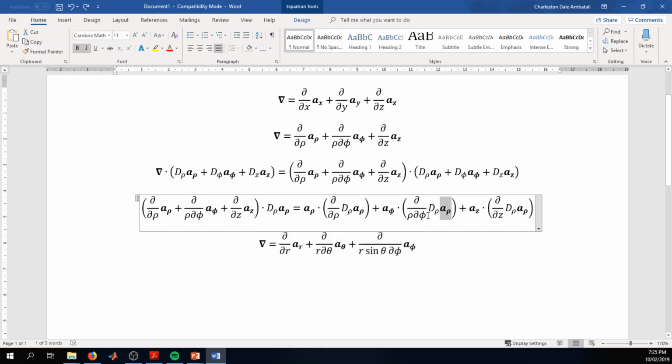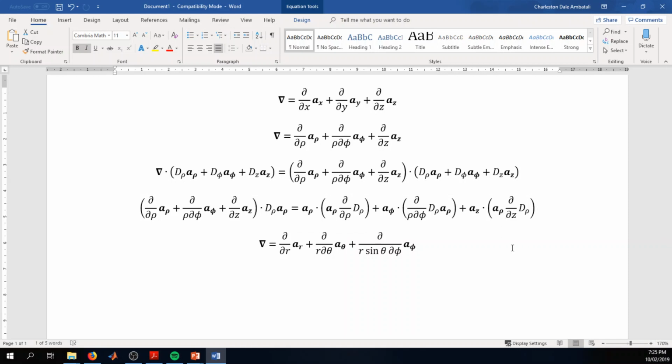Since arrow hat changes with respect to your phi component, in this case here, arrow hat can be factored out like so. Arrow hat here can be factored out like so. Why? Because the direction does not change with rho. If you move along rho, the direction of arrow hat does not change.